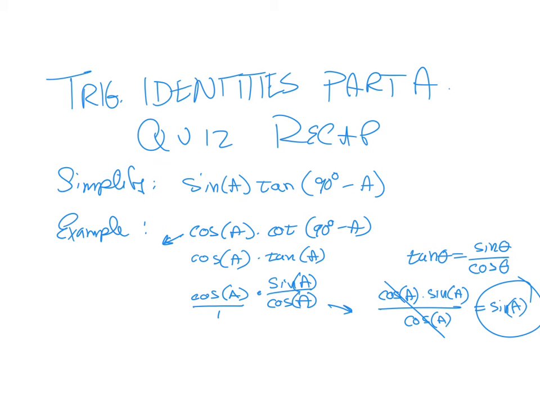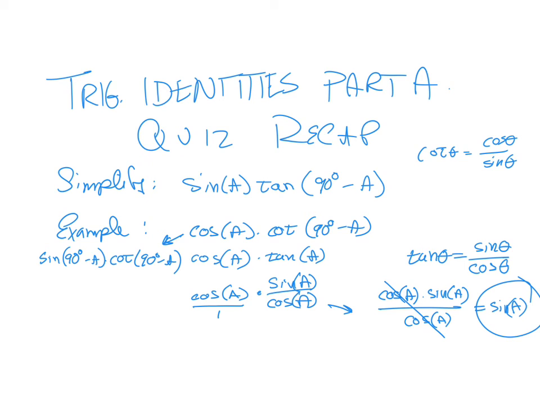So this example would be equivalent to sine of 90 degrees minus A times cotangent of 90 degrees minus A. And at that point, I can use the identity for cotangent, which says that cotangent of theta is equal to cosine of theta over sine of theta.